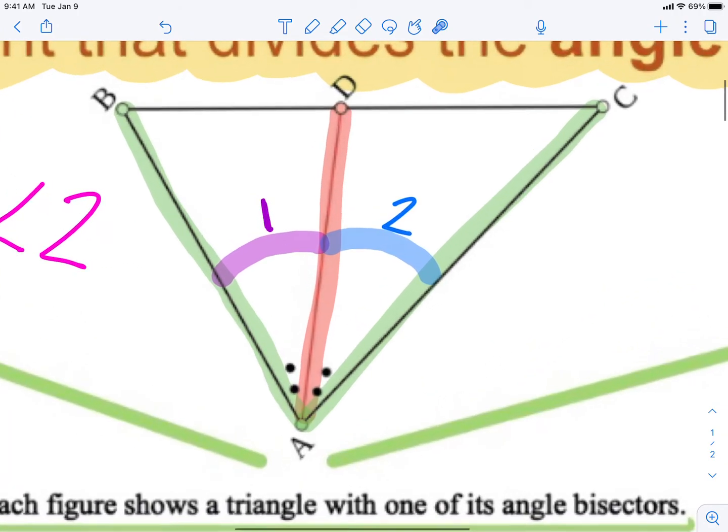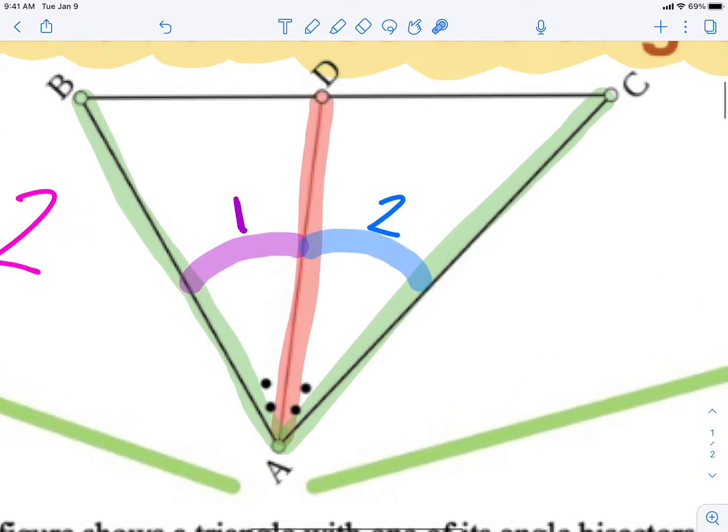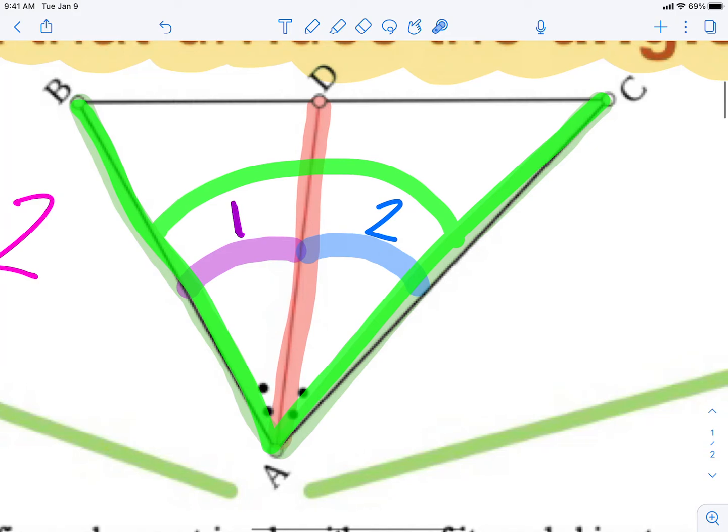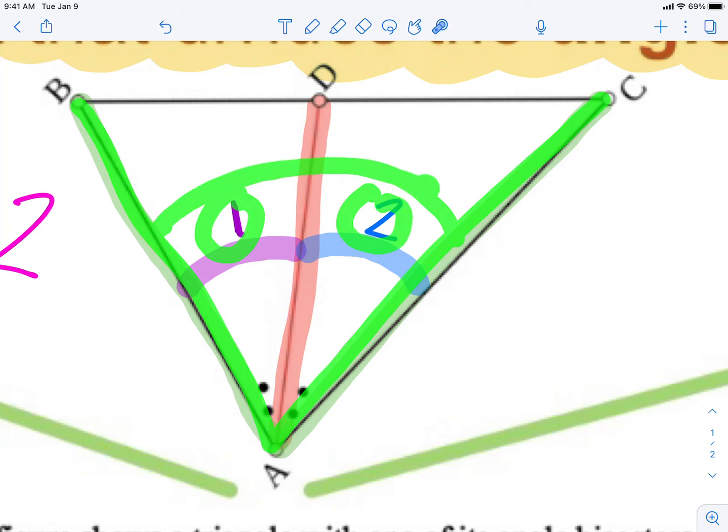Now remember that originally angle BAC was this whole thing right here. If you notice, angles 1 and 2 together form this whole thing.